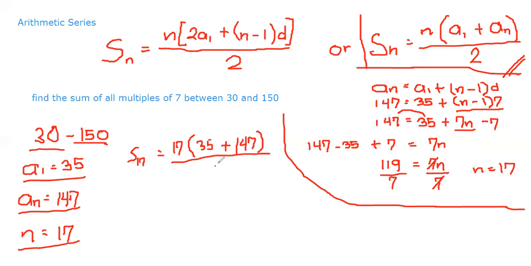Divided by 2. 35 plus 147, 182 times 17. Di ba ito, 182.